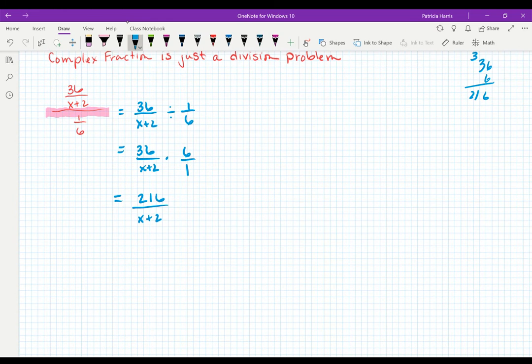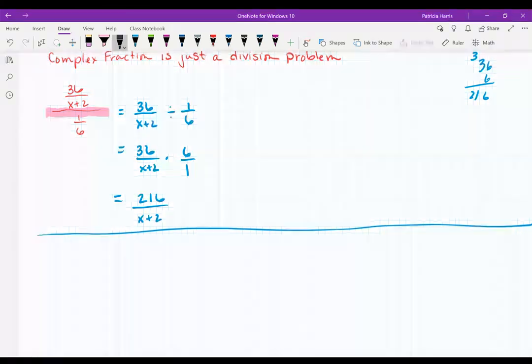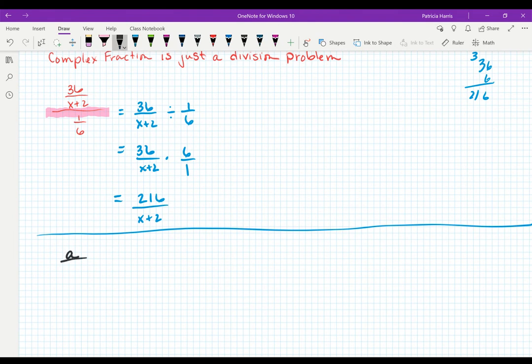Let's try this one. Now, there are shortcuts to this, but I do not like those shortcuts because you lose the fact that you're actually dividing.